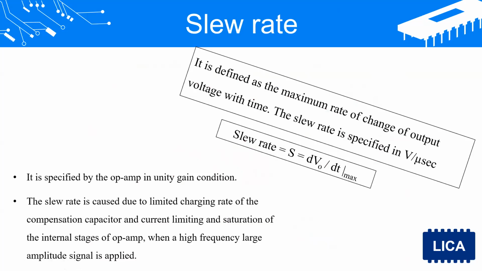Second major parameter of AC characteristics is slew rate. What is meant by slew rate? This is about the rise time of the amplifier. The time the output takes to change from 10 to 90% of the final value for a step input, that is called slew rate. This is about rise time.